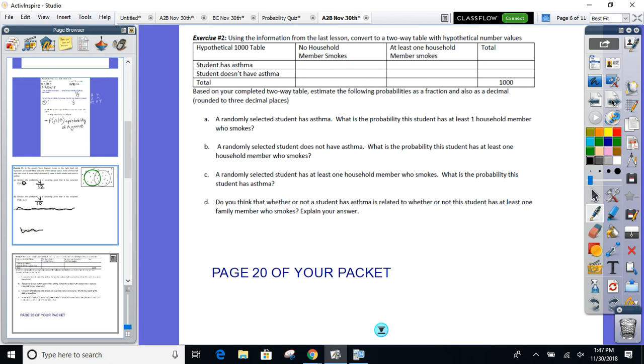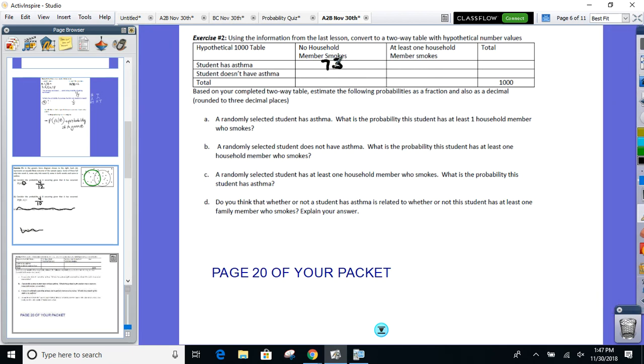For example, how many students have asthma and no household members smoke? What decimal do you have there? 0.073. So I'm going to multiply that by 1,000 and say, going back to the new table here, there's 73 people that fit that. I'll do it for you just so you don't have to calculate all these.